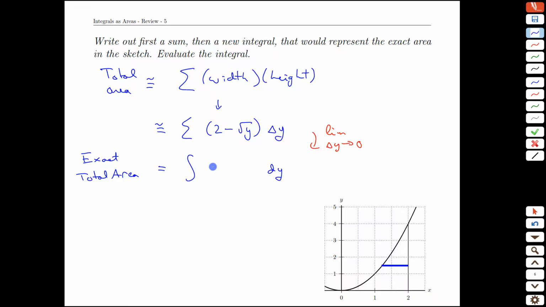But this remains the same. The width of each of those rectangles would still be 2 minus the square root of y. And then the boundaries are what we need last. If we're taking all these slices, the first slice is going to occur at y equals 0. That's the lowest y value. We're going to slice, slice, slice, slice, slice, and stop here, and that corresponds to a height of y equals 4.